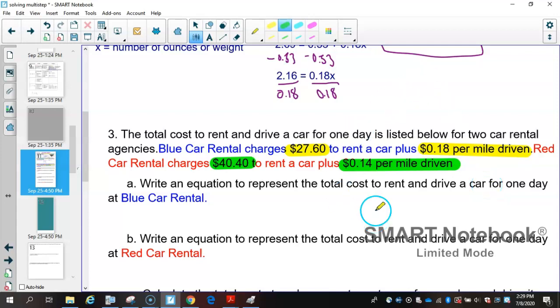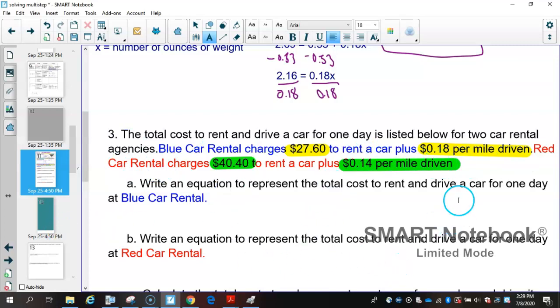Now, we are going to use the same variable for both of these, but what we don't know so far is how many miles were driven.